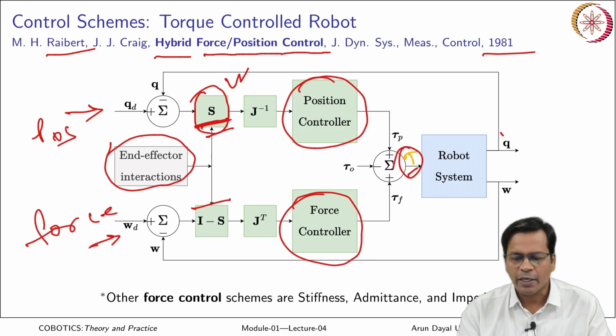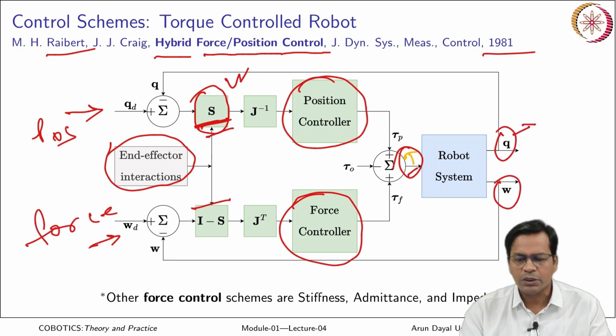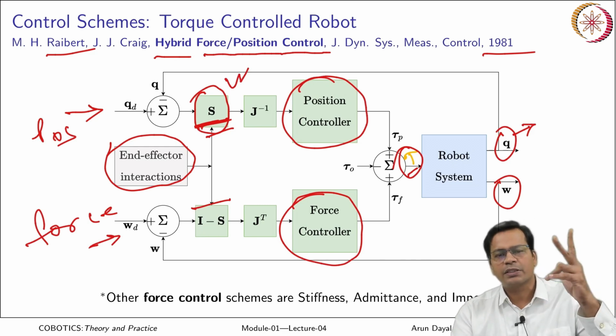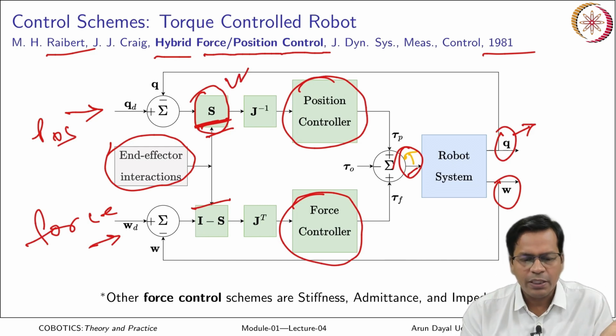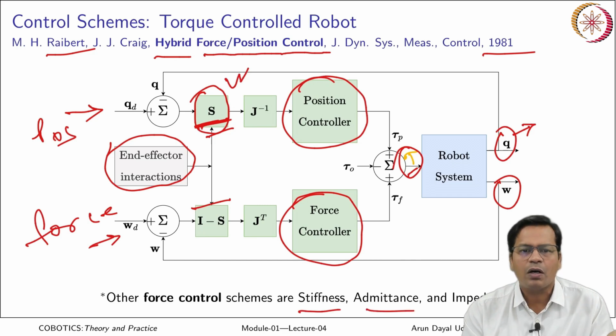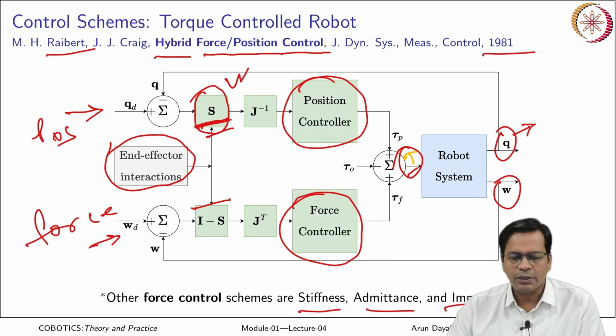So there is feedback of position and feedback of forces. By forces I mean force and moment, and by position I mean position as well as orientation. So it has two orthogonal spaces, one for force and the other for position. There are many such schemes, like the stiffness controller, admittance controller or impedance controller, that can do such things, and I will cover them in much more detail in the force control module.